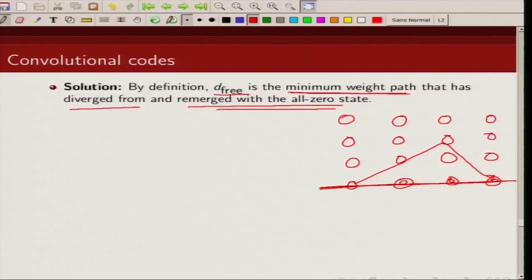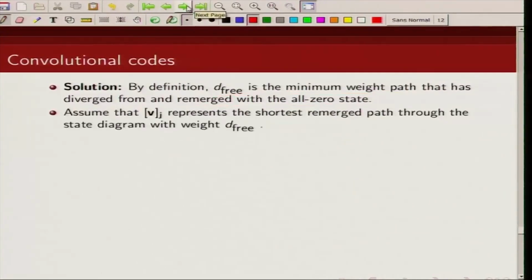Now, let us assume that at time t equal to j, Vj represents the shortest re-merged path through this trellis diagram, which has weight of d free.